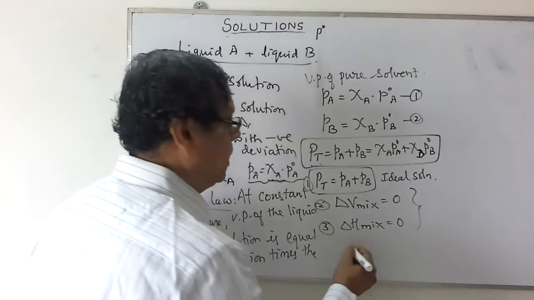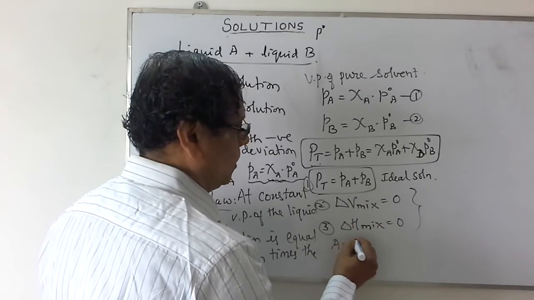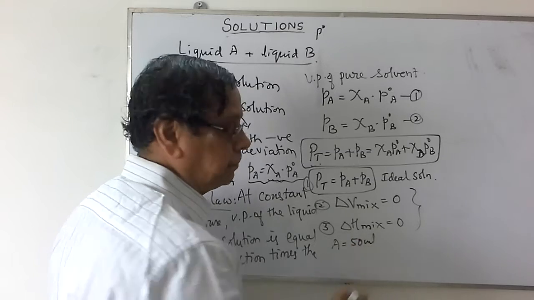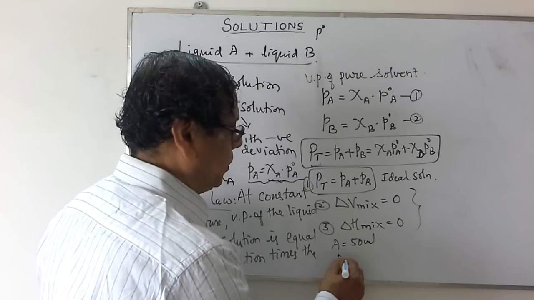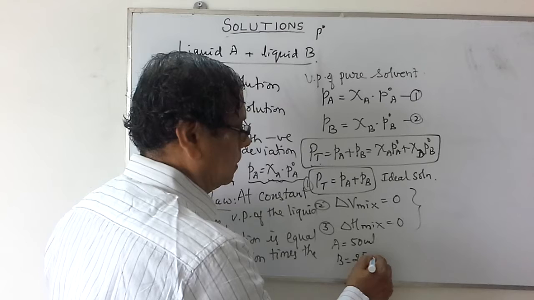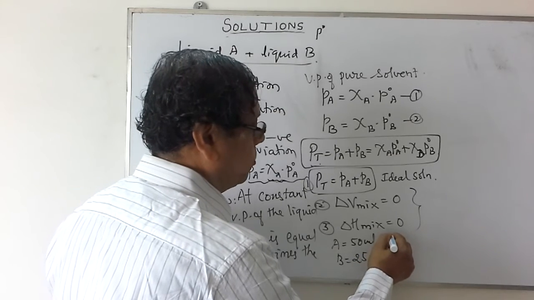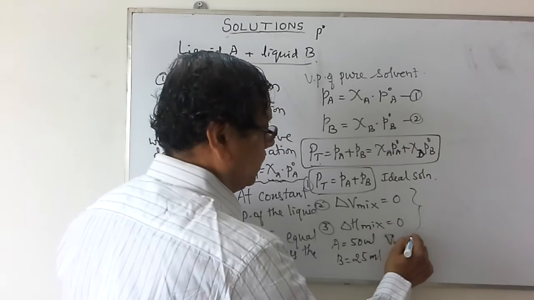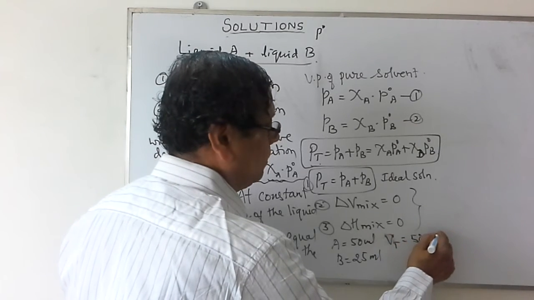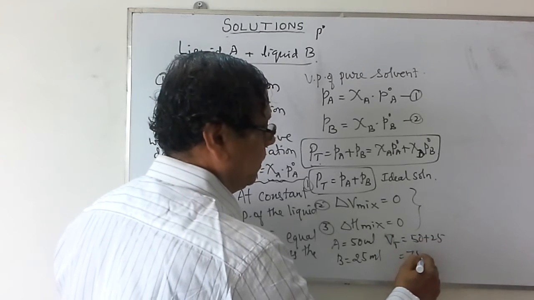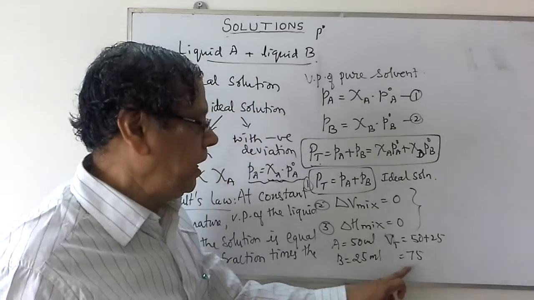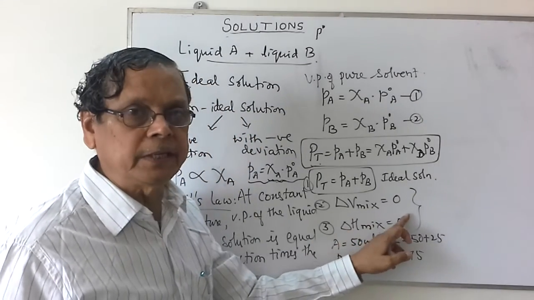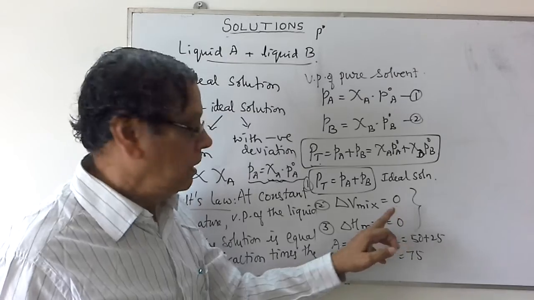Say for example, I am taking A 50 ml, then B 25 ml. Then the total volume V total is 50 plus 25, that is equal to 75. There is no change in the volume, that's why delta V of mixing is equal to 0.